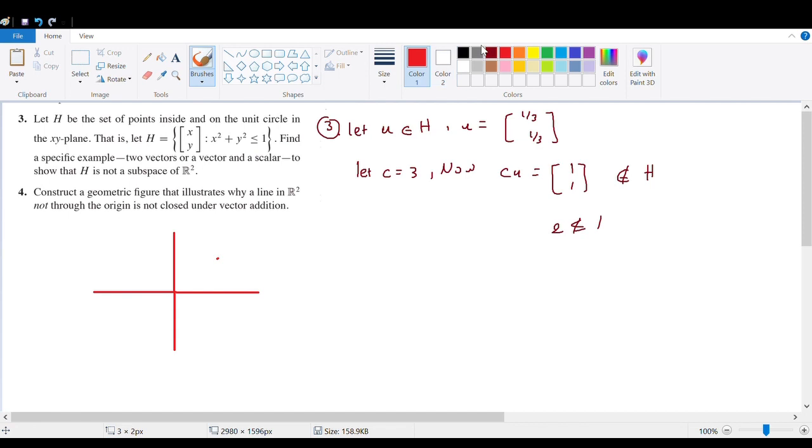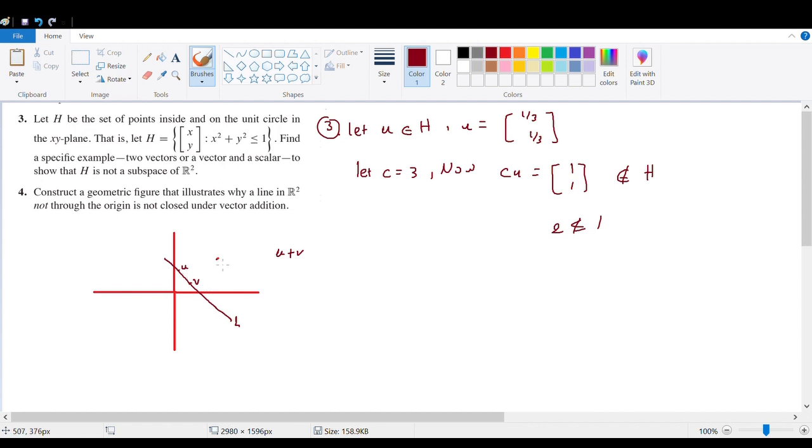In 4, construct a geometric figure that illustrates why a line in R2 not through the origin is not closed under vector addition. For example, if we have this line, which is L, and we have the vector u and the vector v, then u plus v is the addition of the vector u and the vector v, which is this one.